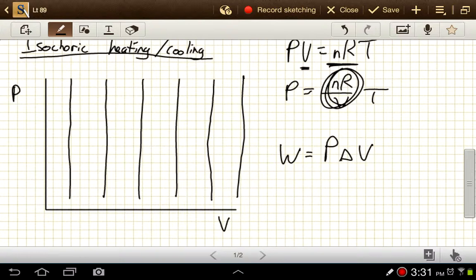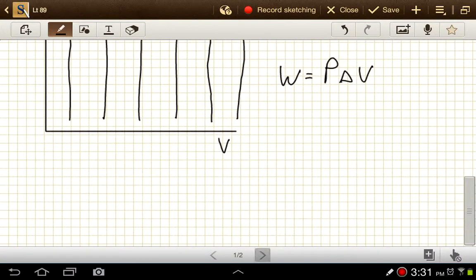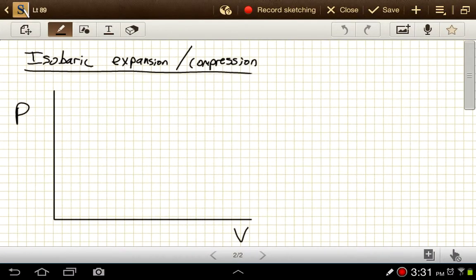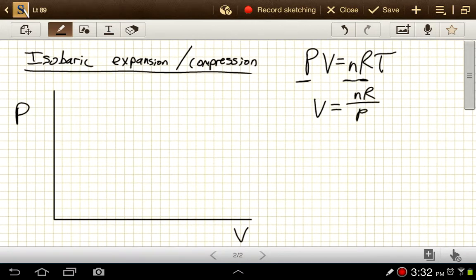For isobaric expansion or compression, pressure is held constant. So PV equals nRT. So pressure and n and R, those are all held constant. You can rearrange this as volume is equal to nR over P times T, where this is just some constant value.